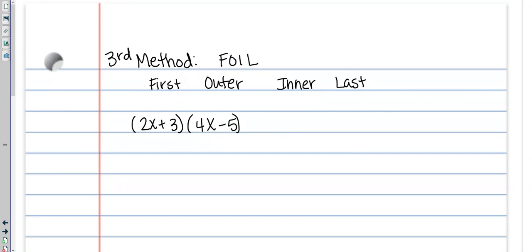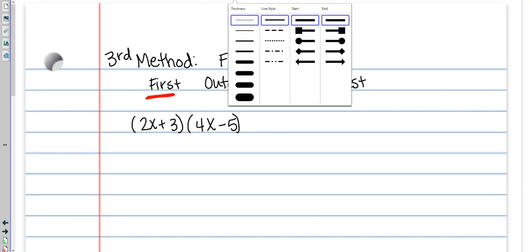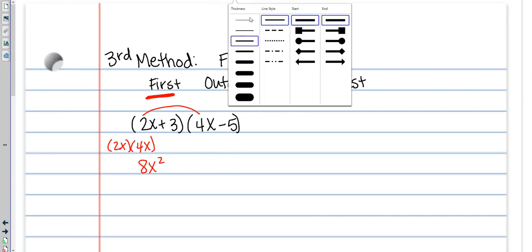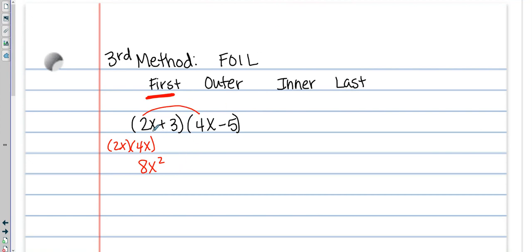So for example, if I start with first, that means I'm going to multiply the first terms with each other. So I would multiply 2x times 4x, and that would give me the 8x squared. Next, we would do the outer. The outer would be the ones on the outside. So 2x times negative 5, and that would be negative 10x.